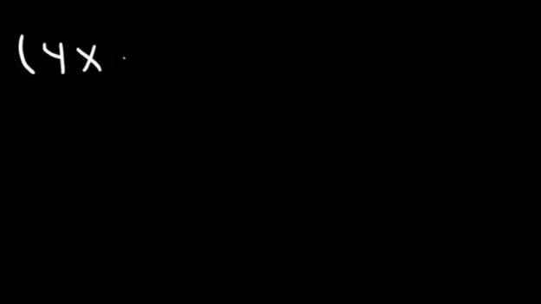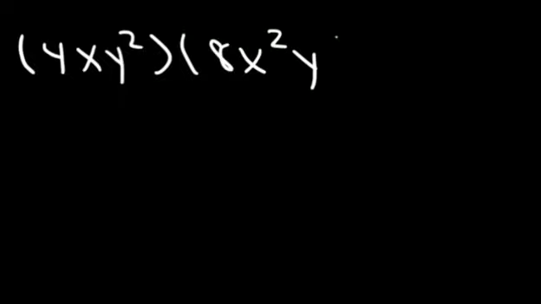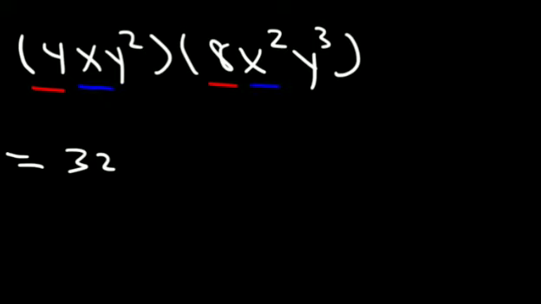So let's say we have 4x y squared, and we're going to multiply it by 8x squared y cubed. So go ahead and try this problem. Now just like before, we're going to multiply the coefficients together. So this is going to be 8 times 4, which is 32. Next, we're going to multiply like variables together. So we have x times x squared.